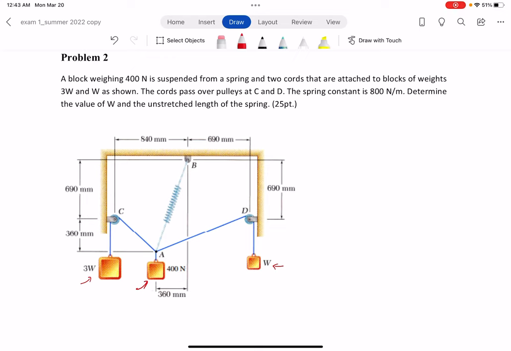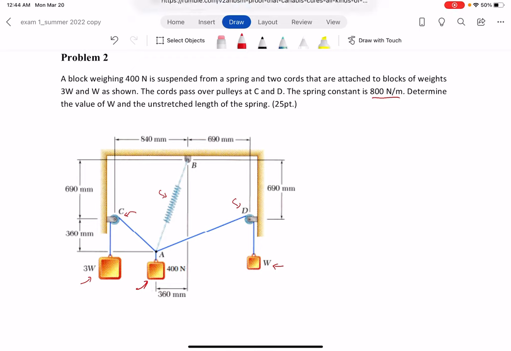The cord passes over pulleys at C and D. The spring constant K is 800 Newton per meter. Determine the value of W, and he wants the unstretched length of the spring.